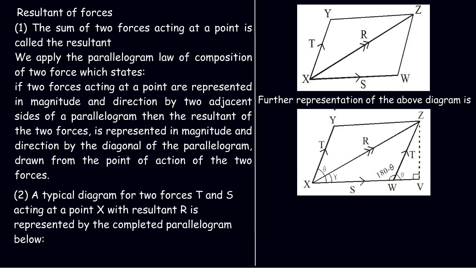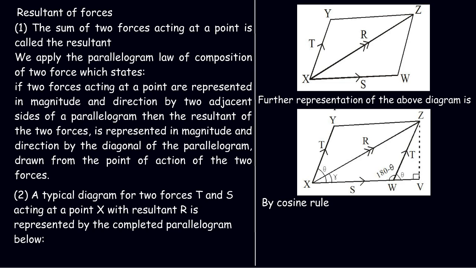So we can see T, we can see S, we can see the resultant. Now to get R, normally we are supposed to use cosine rule. You can use any other geometric method, but for the case of this topic we are using cosine rule. You can also use sine rule if that will work, depending on which part of the question you are asked and which angle you have and which forces, depending on what you have.